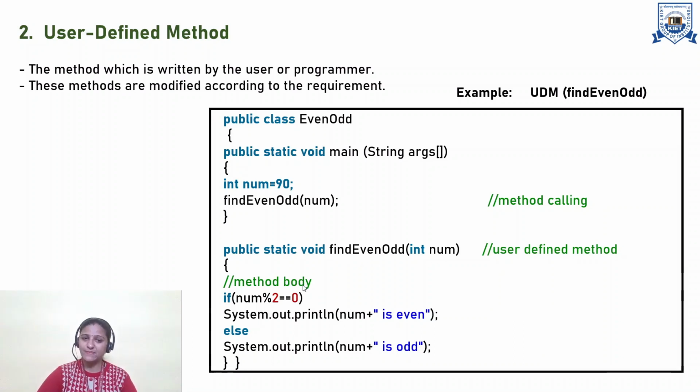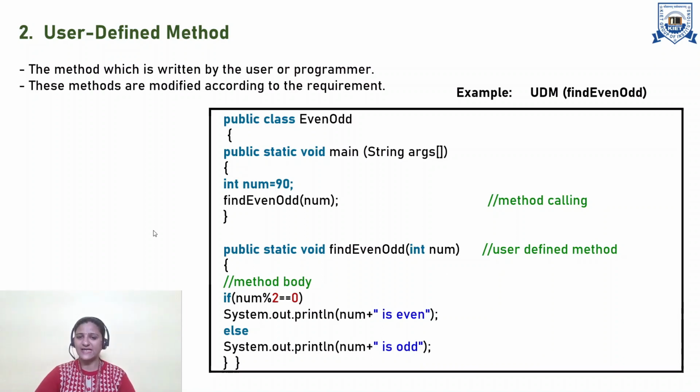Inside the method body, it divides this num by 2 and checks if on dividing, the remainder becomes 0, it means the num which was passed is even. And if the remainder is not 0, it means it is odd.